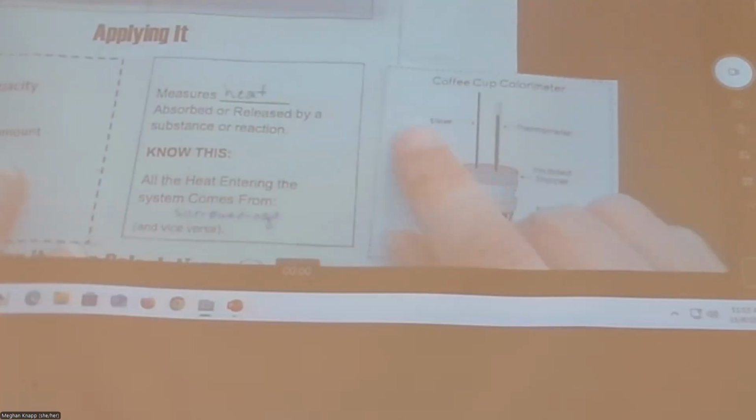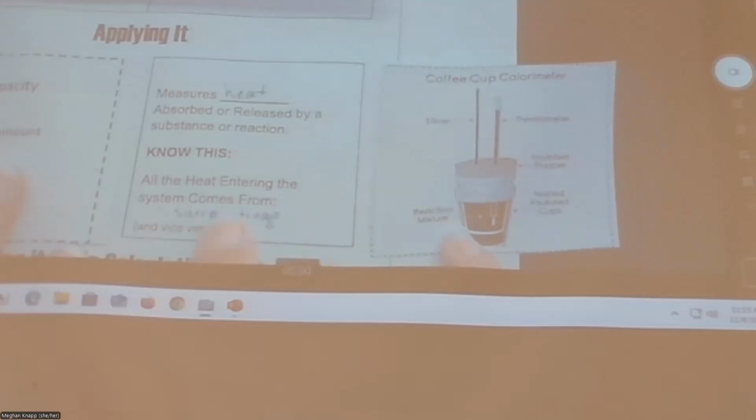It measures the heat absorbed or released by a substance or a reaction. And the key thing to a calorimeter is that we're always measuring the surroundings. So the heat that is entering the system is coming from the surroundings. And vice versa. If the heat is released by the system, then it is absorbed by the surroundings.